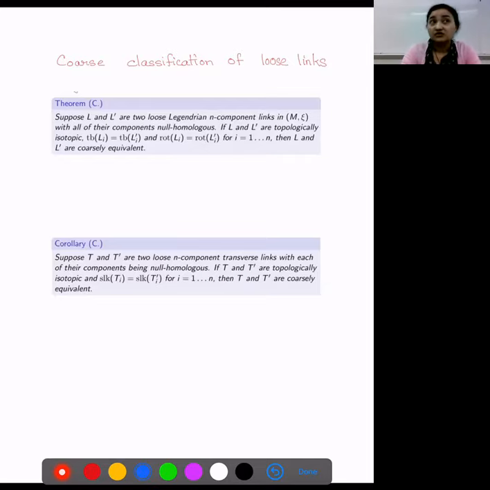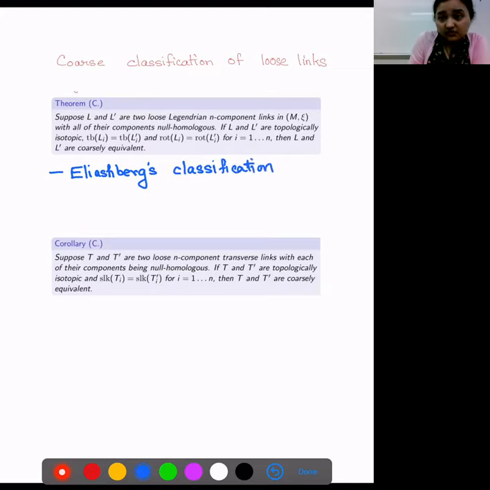They are loose, so the complements are over-twisted, and if the complements are over-twisted, then we can use Eliashberg's classification. So first of all, we need Eliashberg's classification. Second is Gompf's result, which I mentioned in part 1, that D2 and D3 can classify homotopy classes of two-plane fields.